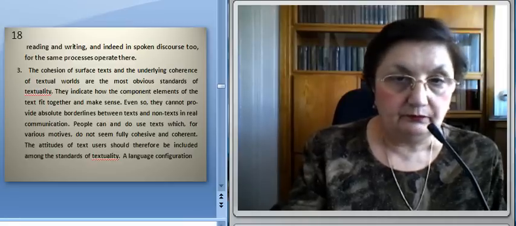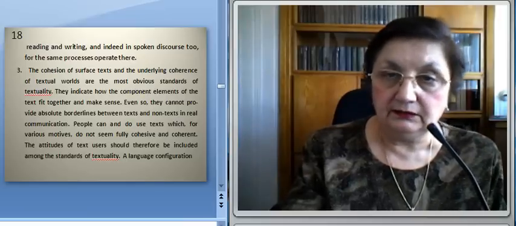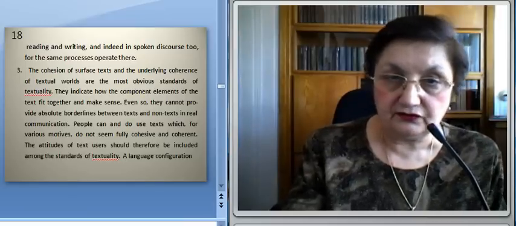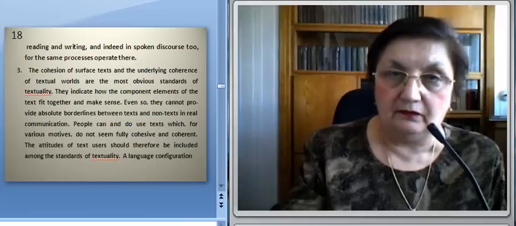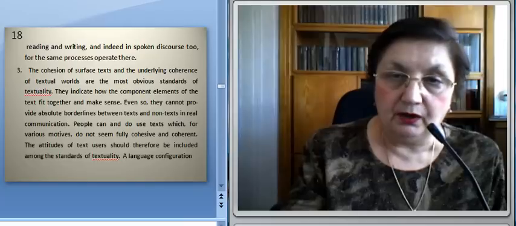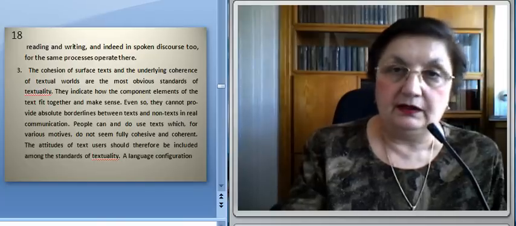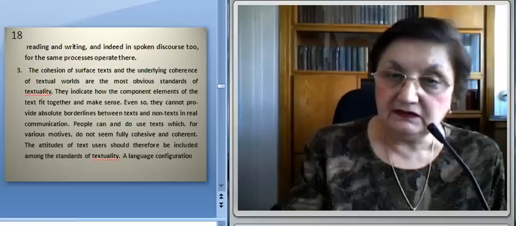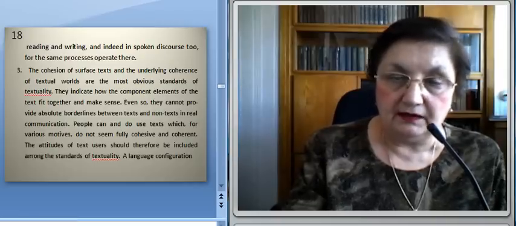They indicate how the component elements of the text fit together and make sense. Even so, they cannot provide absolute borderlines between text and non-text in real communication. People can and do use texts which, for various motives, do not seem fully cohesive and coherent.